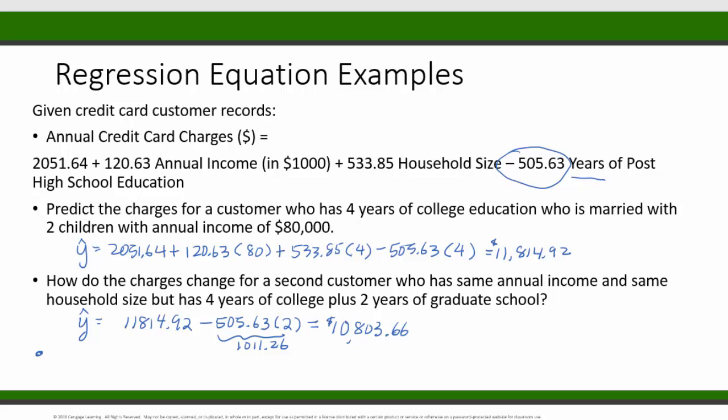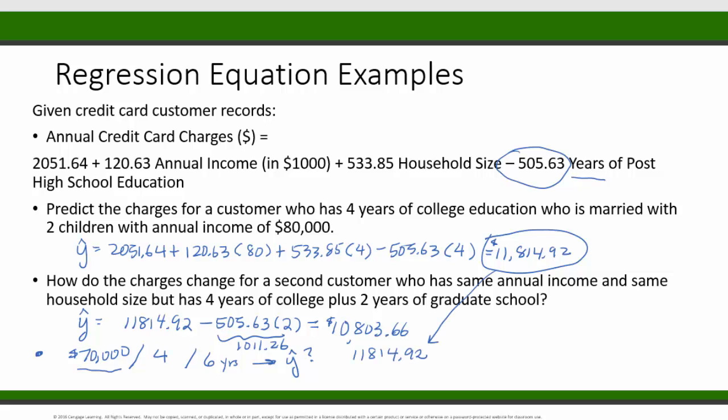Let's say you have another customer. Now this person makes $70,000. There are 4 people in the family and 6 years of post-high school education. If I wanted to get the predicted Y value based on the original Y value here, I could add up the changes based on the respective regression coefficients.